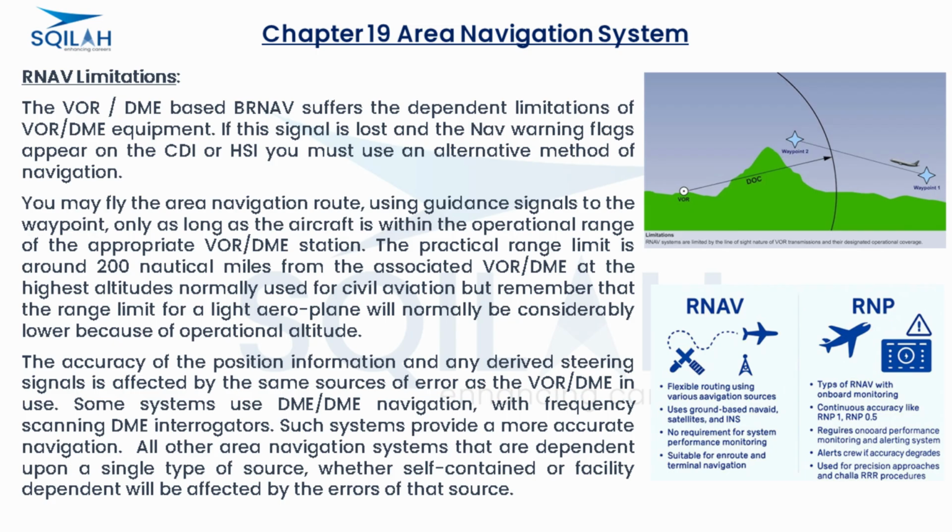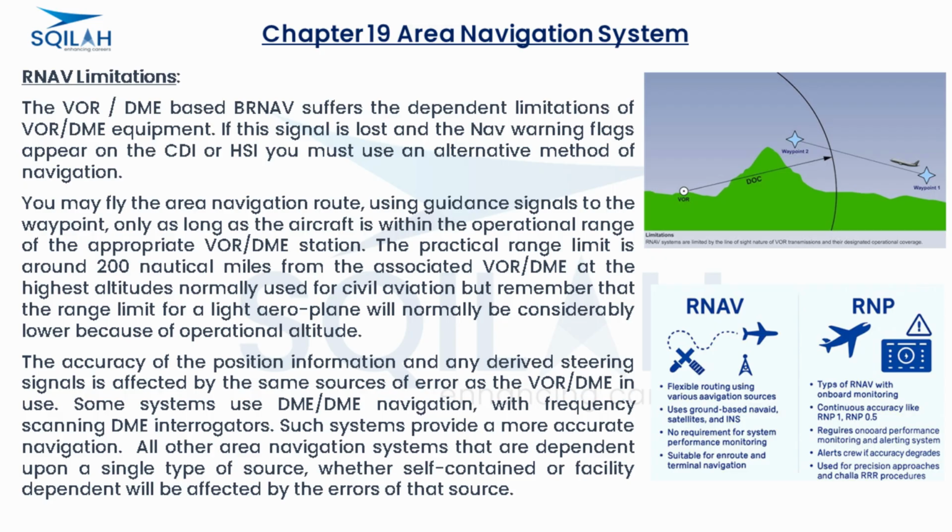R-NAV limitations. The VOR/DME-based R-NAV suffers the inherent limitations of VOR/DME equipment. If this signal is lost and the nav warning flags appear on the CDI or HSI, you must use an alternative method of navigation. You may fly the area navigation route, using guidance signals to the waypoint, only as long as the aircraft is within the operational range of the appropriate VOR/DME station.